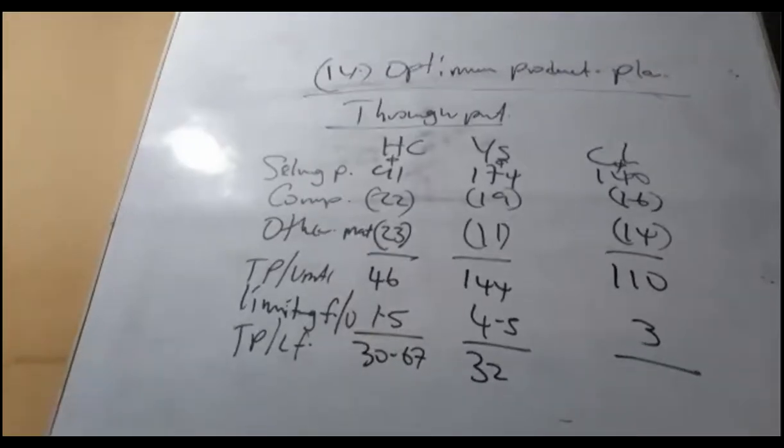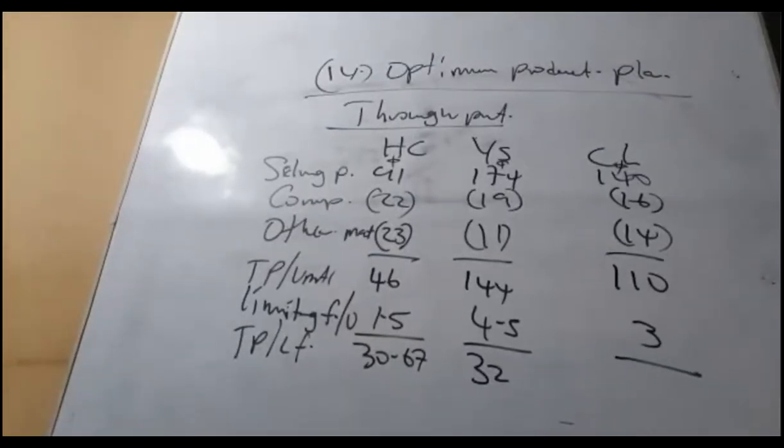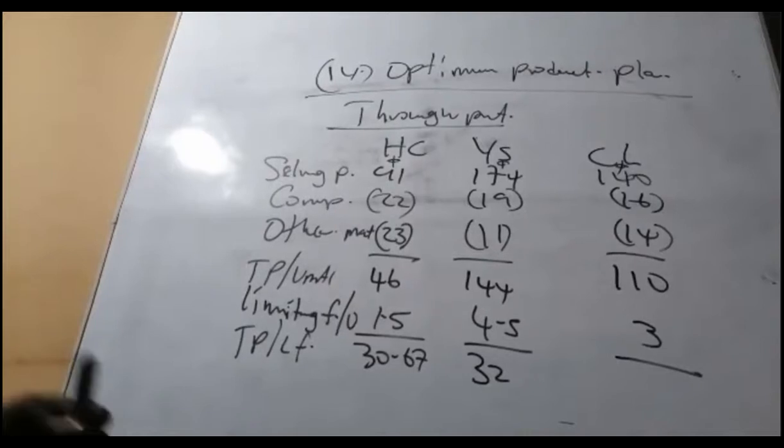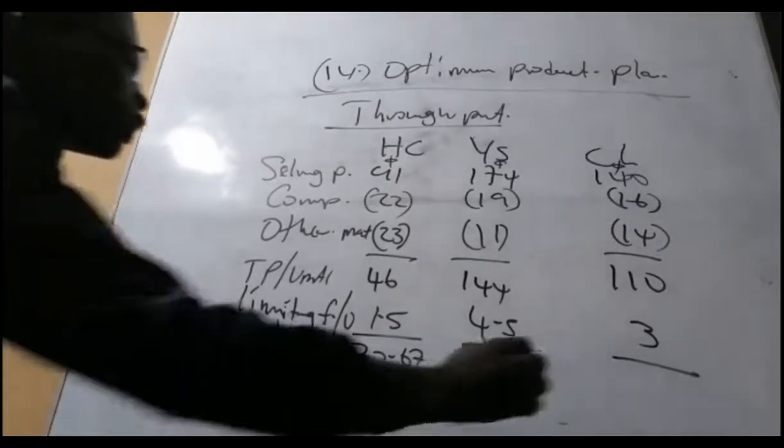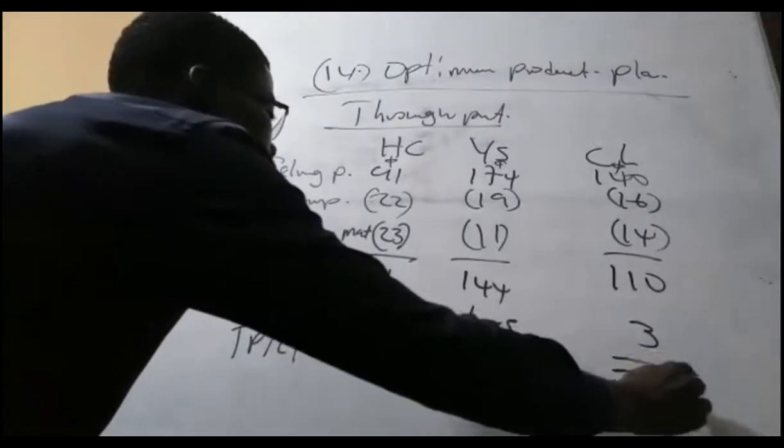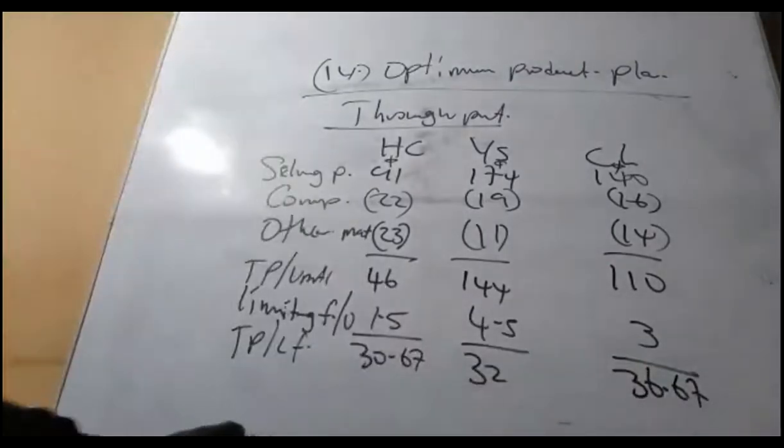Finally, 110 Ghana cedis divided by 3. That's 36.67. So what next?